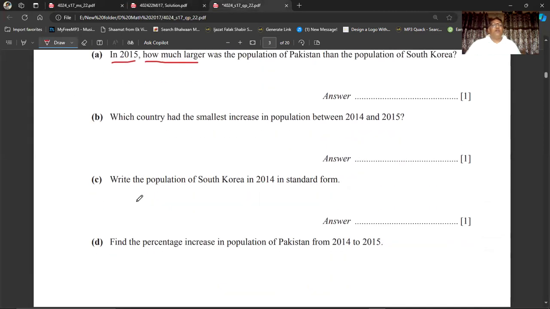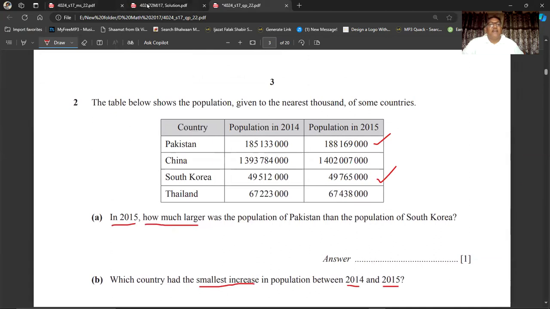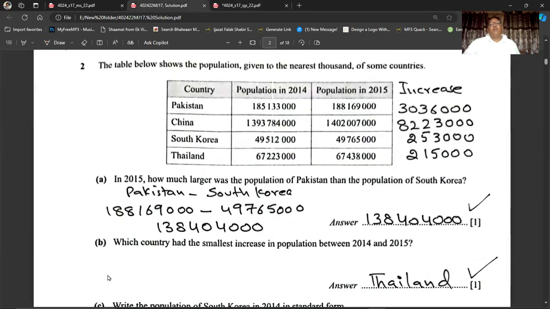Okay, question number 2, it's B part. Which country has the smallest increase in the population between 2014 and 2015? So first of all, I will find the increase. How do you find the increase? The population in 2015 minus the population in 2014. So for Pakistan, from this population I will subtract this population, from this subtract this one, and so on.